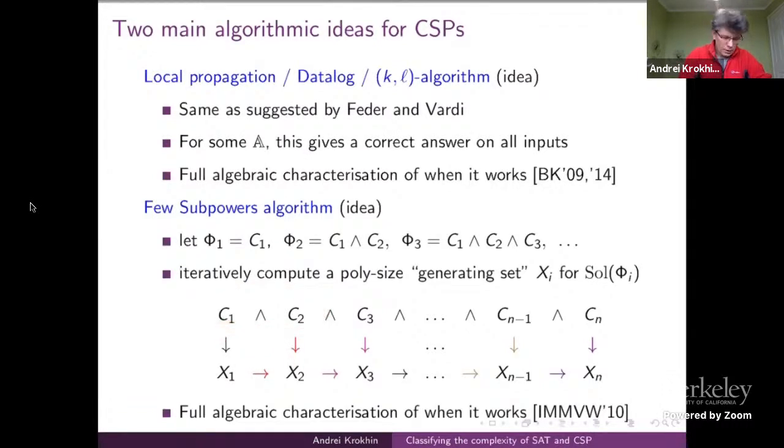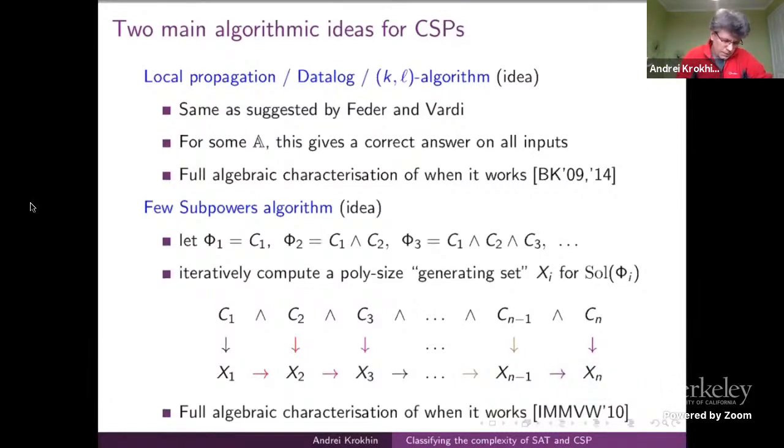Then you have X2 and you add C3 and you compute X3 from that. And so on. And then in the end, you have Xn, which is a small generating set for the solution set of the whole instance, which is either empty, in which case you have no solution, or it's not empty, in which case you have solutions. In fact, you have even some representation for the whole set of solutions.